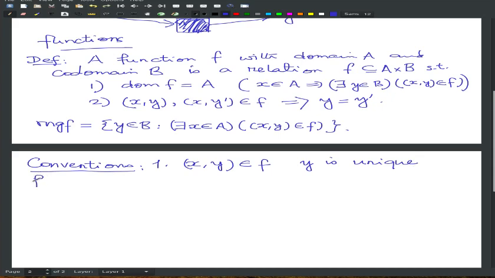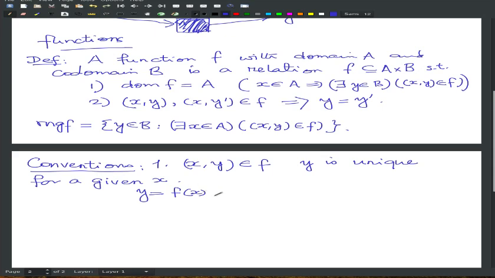For a given x, once you give me the first coordinate, the second coordinate is unique. And this y is therefore often written as f(x).